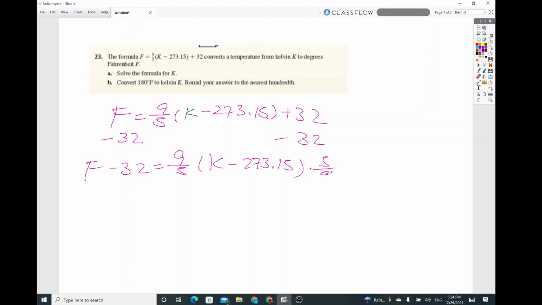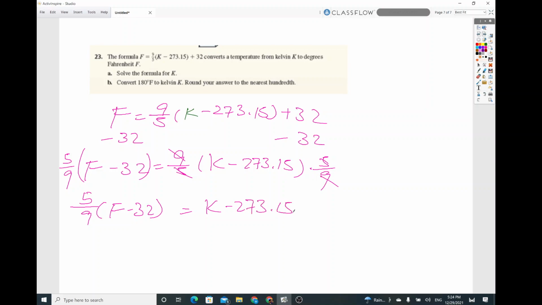Multiply both sides by 5 over 9. On the left-hand side you multiply by the exact quantity, so put it in parentheses. The 5s cross cancel and the 9s cross cancel. So we get 5 over 9 times the quantity F minus 32 equals K minus 273.15.